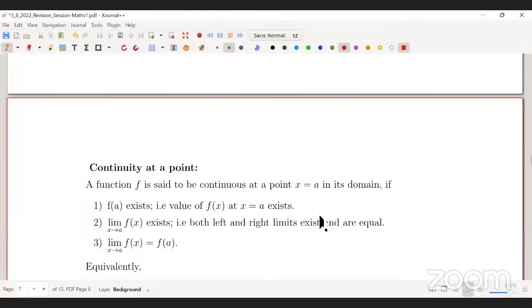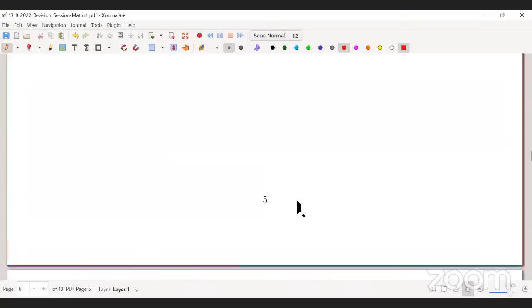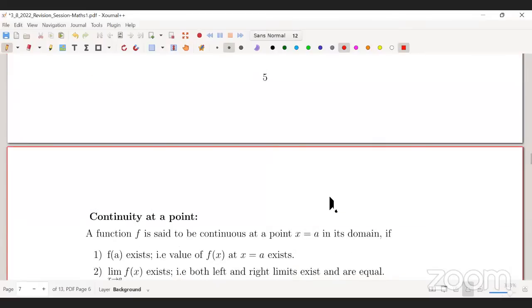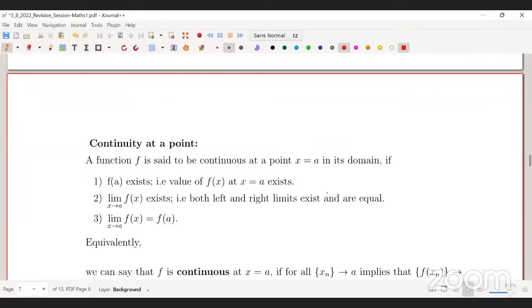So when you are checking the continuity of a function, the first thing you need to check is whether the limit of the function at that point exists or not.